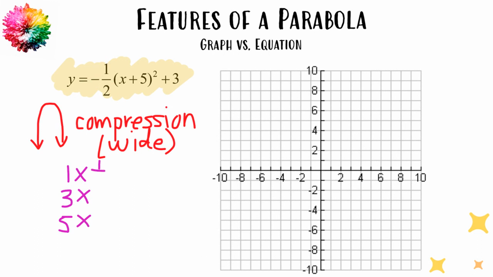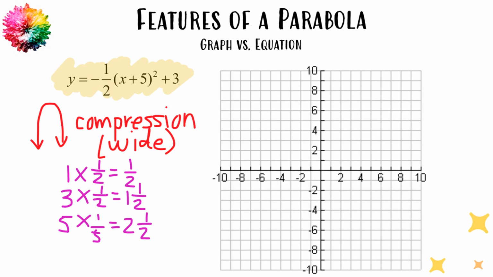So I'm going to multiply 1 times a half, and that's going to give me a half. 3 times a half is 3 over 2, which is the same as 1.5. And 5 times a half is 5 over 2, which is the same as 2.5. So now when we are graphing, our new step pattern is going to be a half, 1.5, and 2.5.